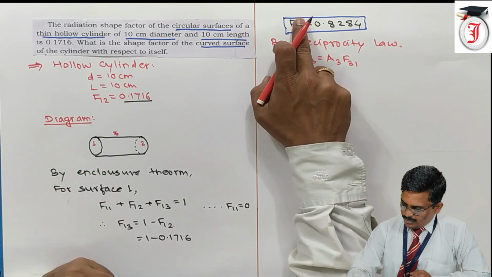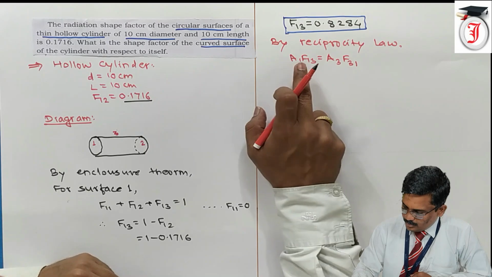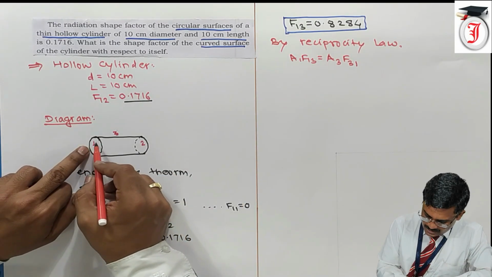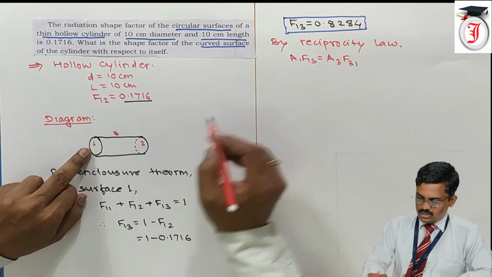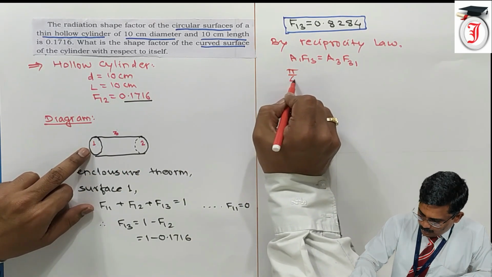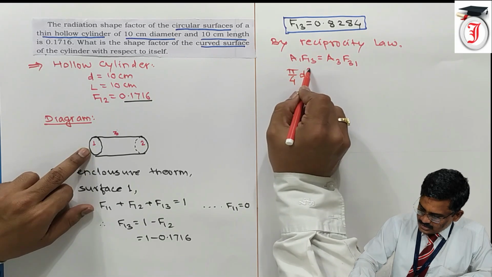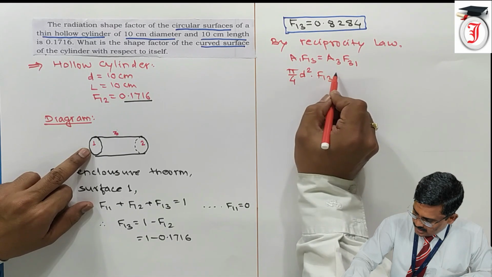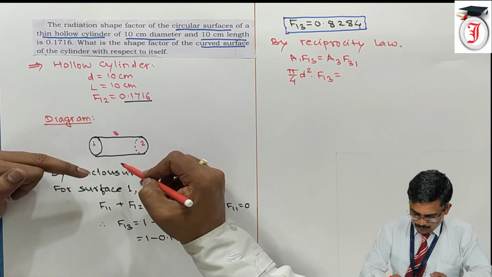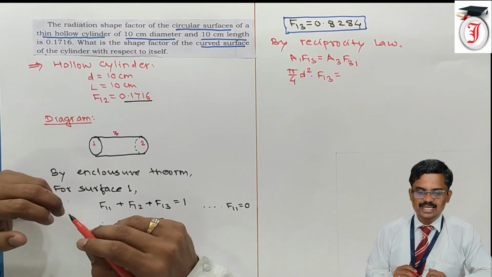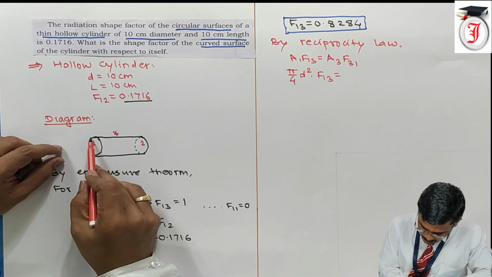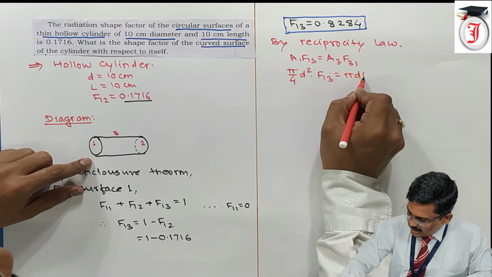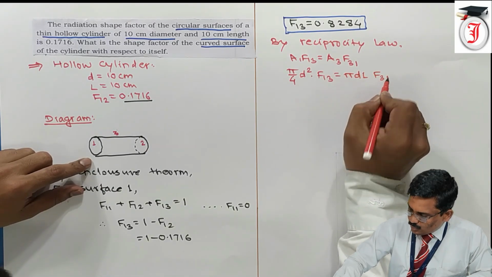We have the value of F13. The area of surface 1 is circular, so its area is pi by 4 d square. The curved surface area is pi d, the circumference, into its length L, so its area is pi d L.